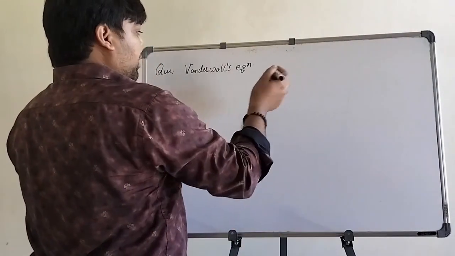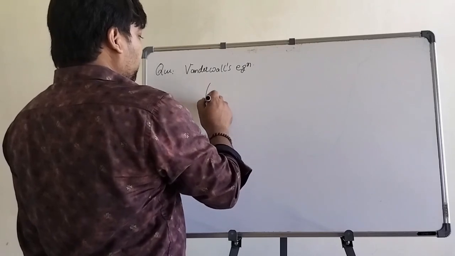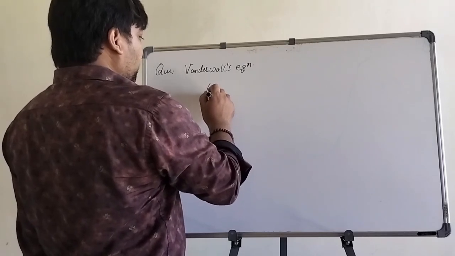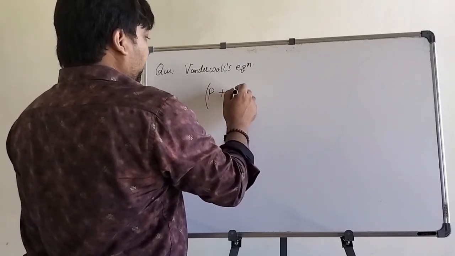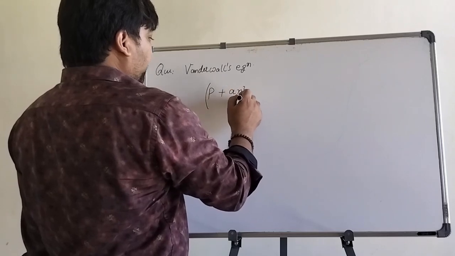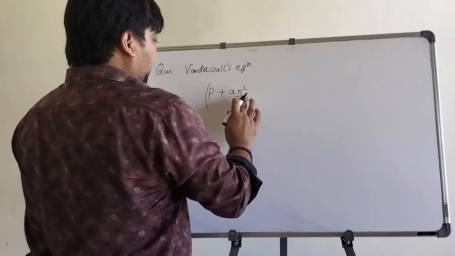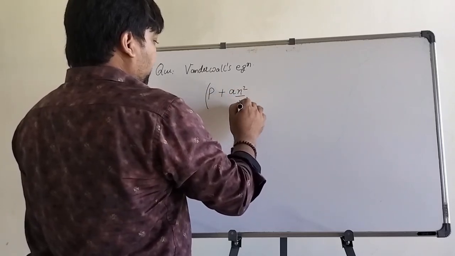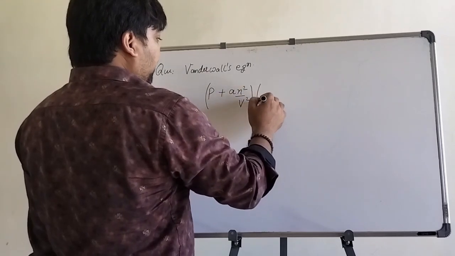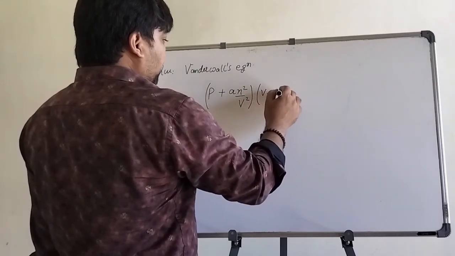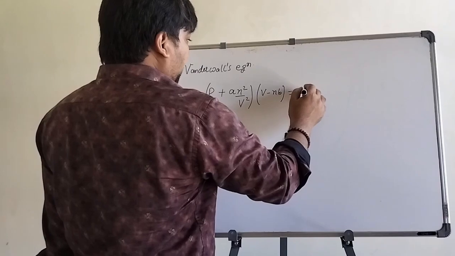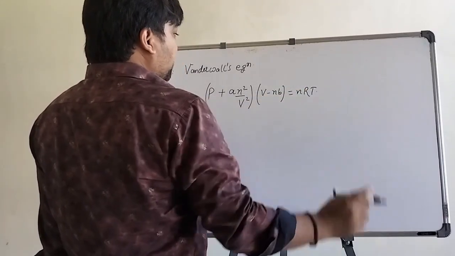So let us write the van der Waals equation. It says (P plus a n square divided by V square), where V is capital V, times (V minus nb) equals nRT.